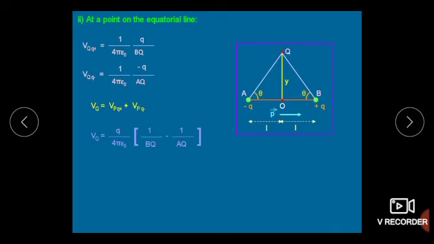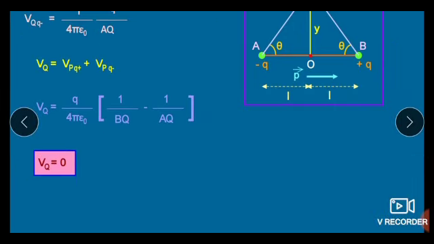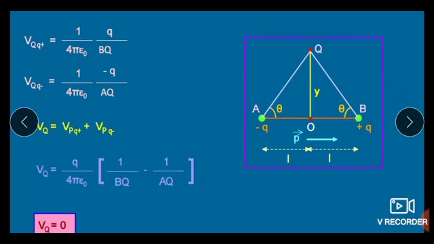So this is one method, and here if you observe, this is the perpendicular bisector. Any point on the perpendicular bisector of the line joining two points is equidistant. So here, as earlier we discussed, for plus Q charge the potential is positive, for minus Q charge the potential is negative.